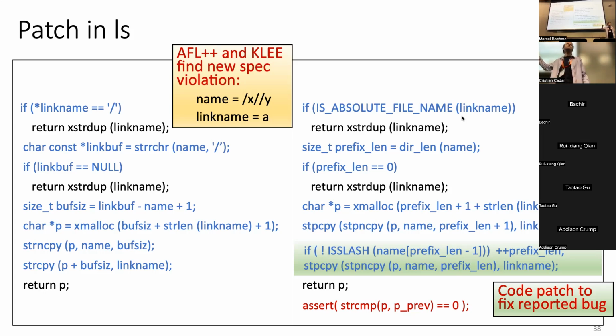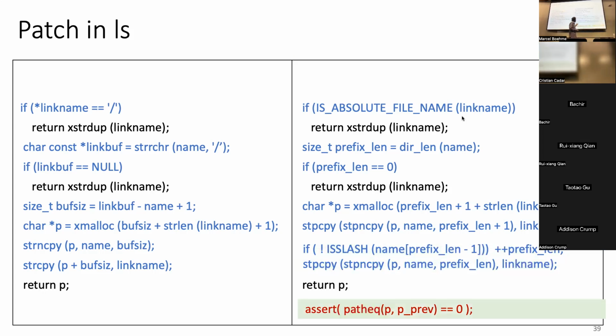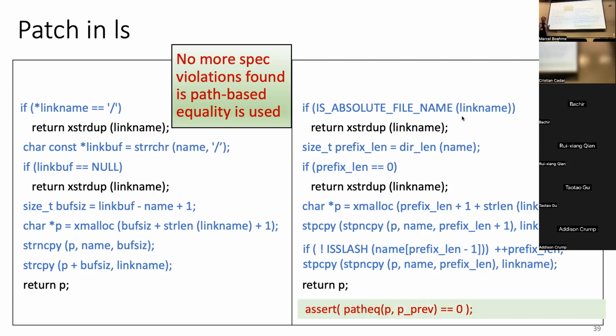We don't write an assert, but it shows that this is also acceptable. By the way, maybe the following will answer your question. What we ended up doing was writing a changed assert, where instead of using strcmp, we use path equivalence. And with this patch specification, we found no more violations. So this was indeed the main difference.